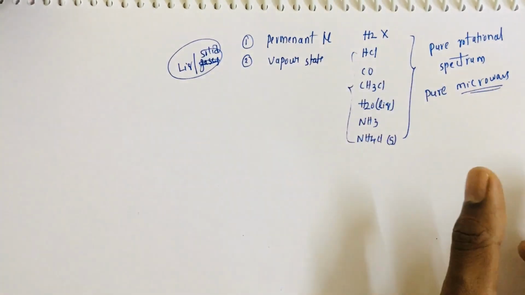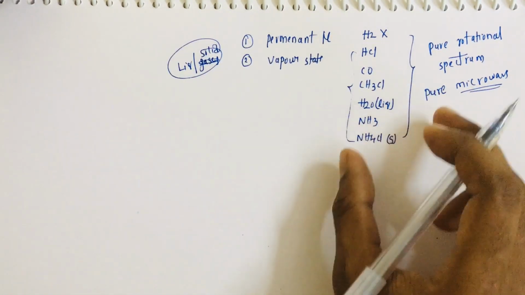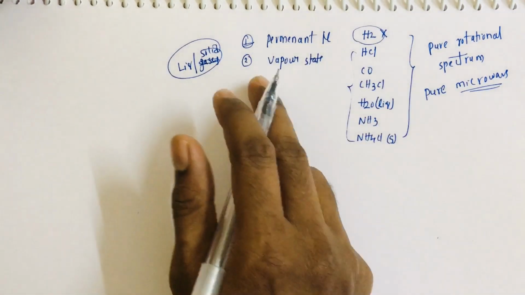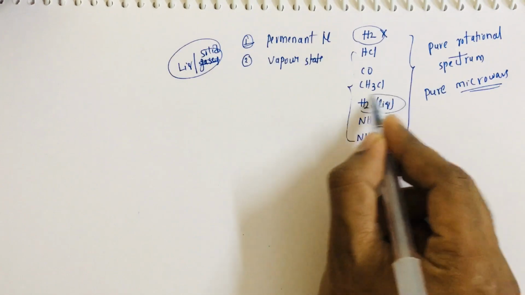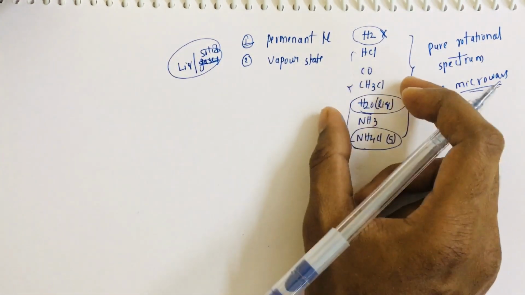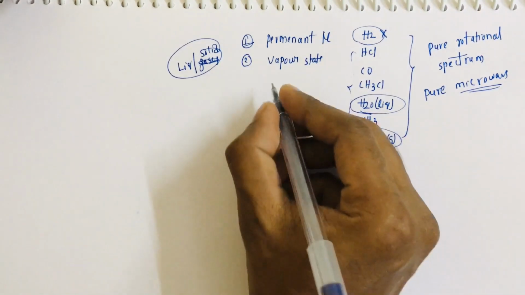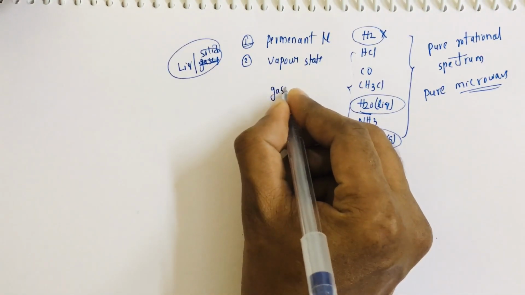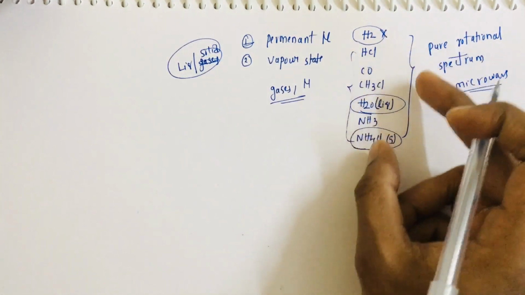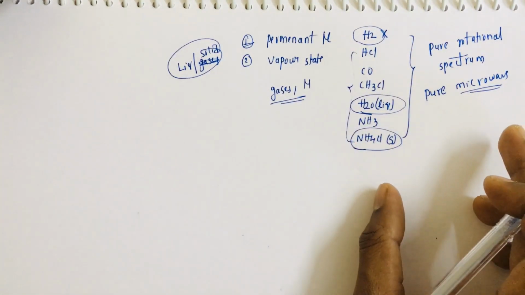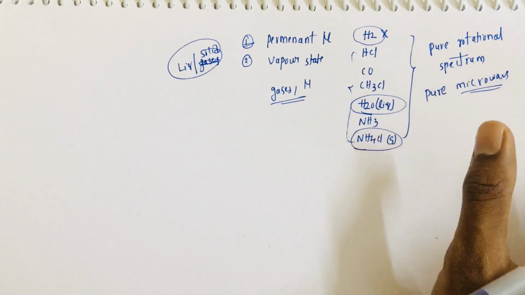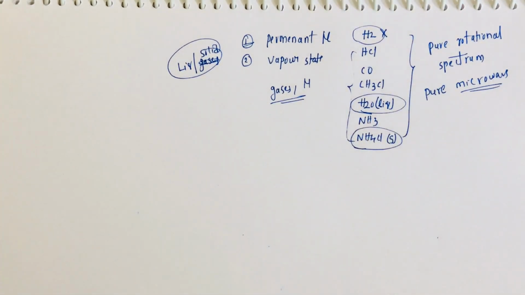So from the first point we can remove H2, and from this point we can remove water and ammonium chloride. The remaining HCl, CO, CH3Cl and NH3 are gases and show a permanent dipole moment. Because of that, these four compounds are active in the pure rotational spectrum. So this is one question.